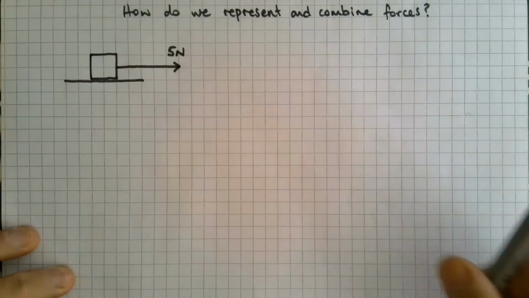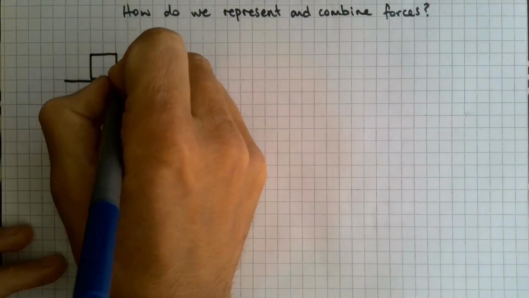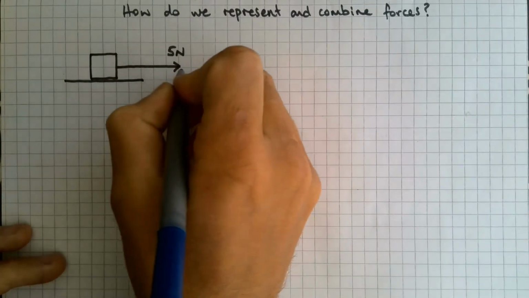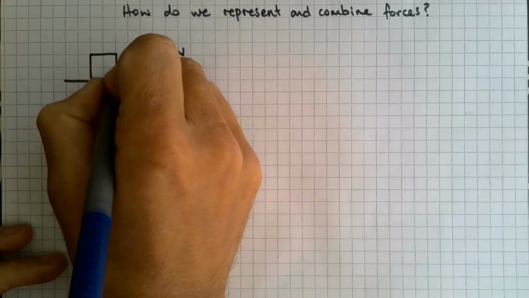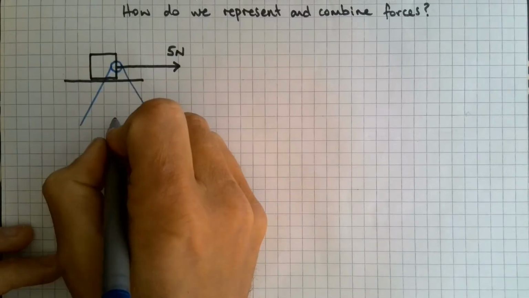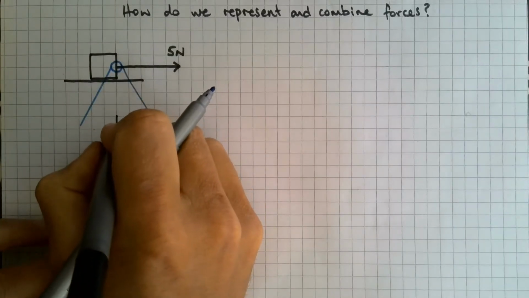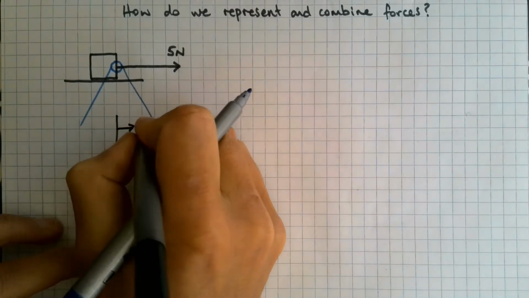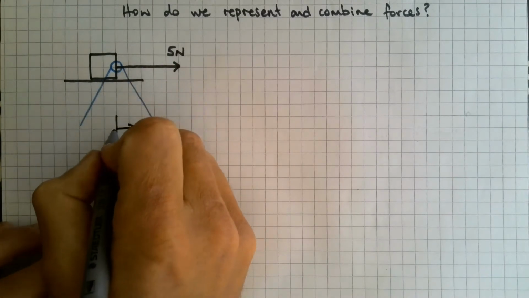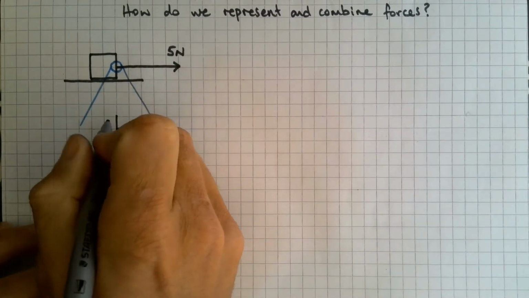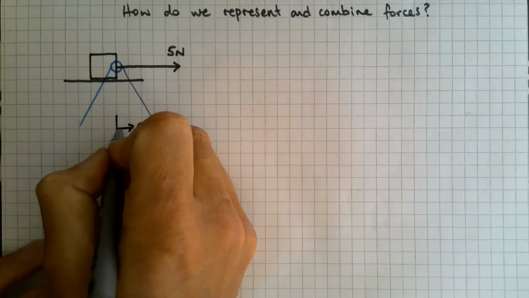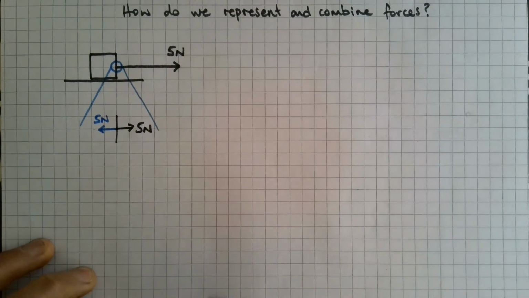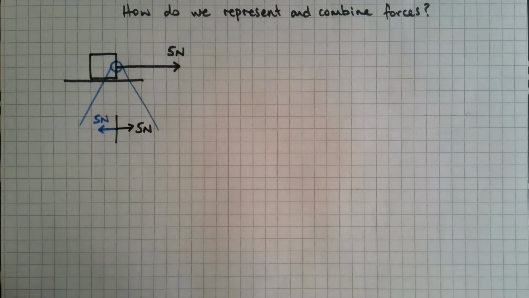So if we look at the point at which this string, which is being pulled by a person, say, is in contact with the object, what we have is the object itself is being pulled with a force of 5 newtons, so not drawn to scale, that's going to go to 5 newtons. But at the same point, you could consider that the person who was pulling the object would feel 5 newtons in the opposite direction on their arm, and that really is it.